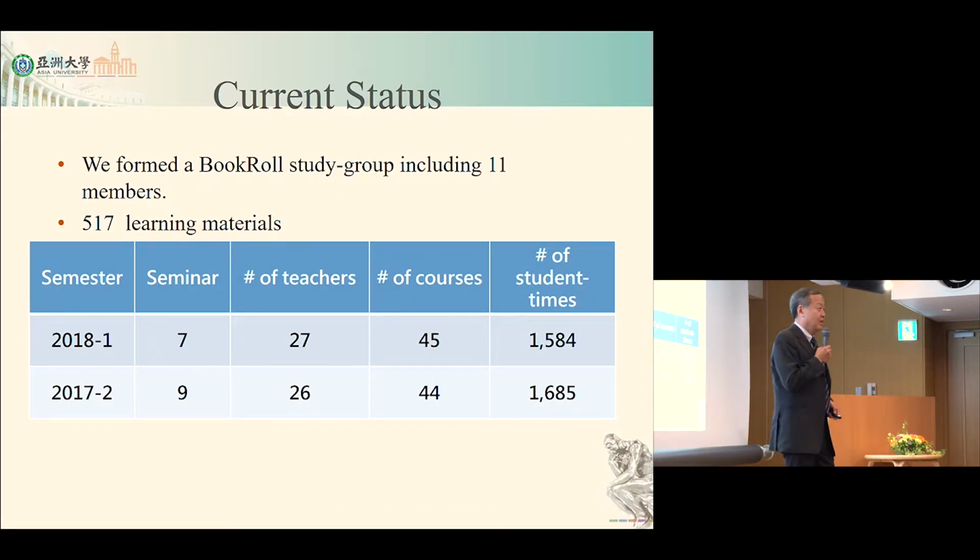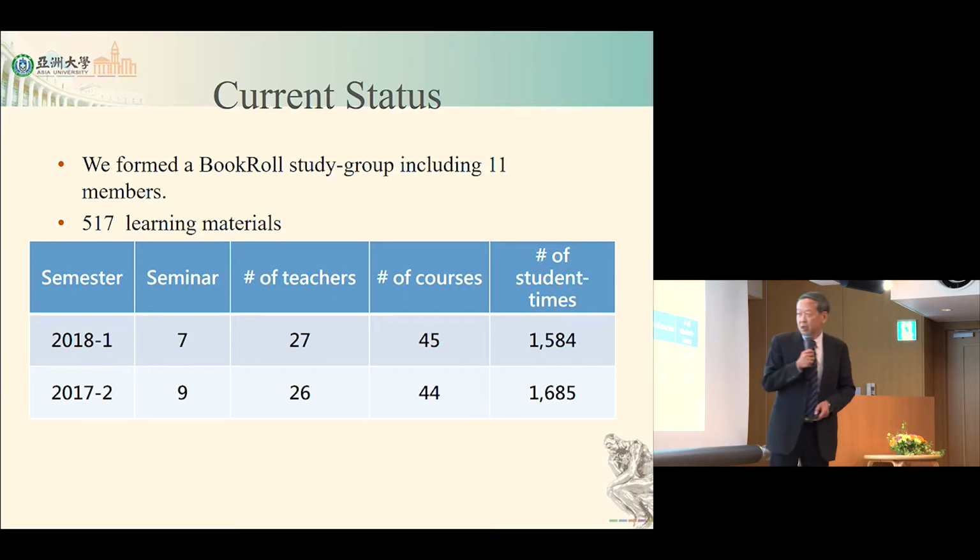Now, let's take a look at the current status of BookRoll application. As you can see, up to now, we have formed a study group of BookRoll, including 11 faculty members and some student members. Up to now, we have collected 517 learning materials.